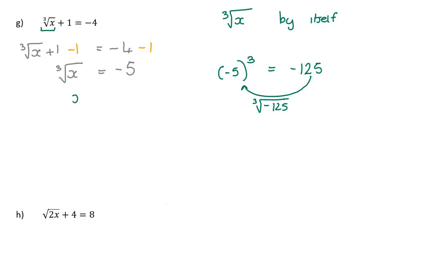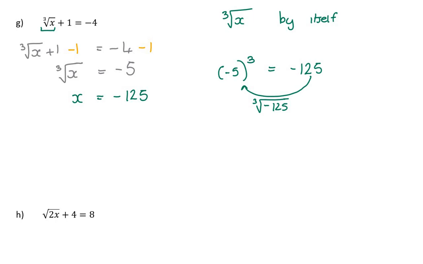That's the idea of opposite operations. If I'm trying to figure out what I must cube root, I'm going to cube the negative 5 to figure out what I originally cube rooted. I hope this makes sense. It's exactly the same idea as inverse operations.